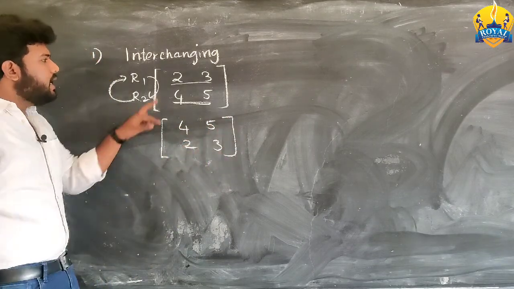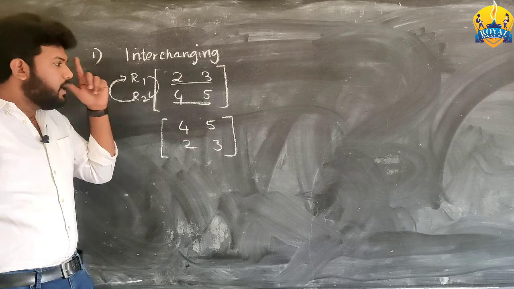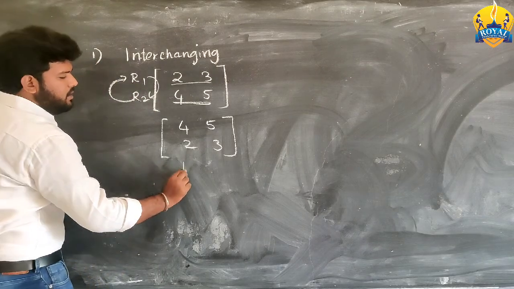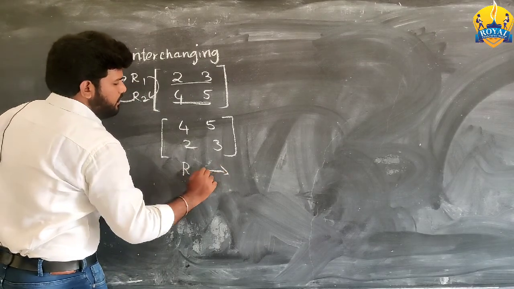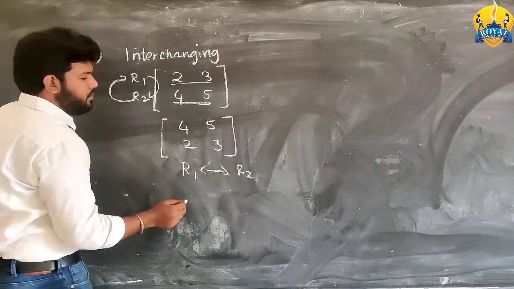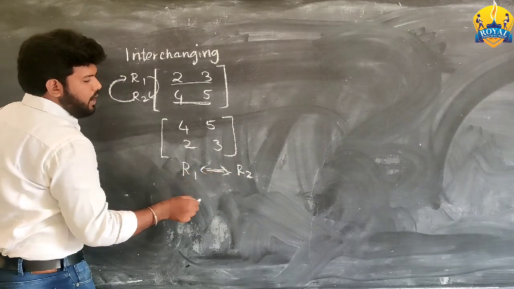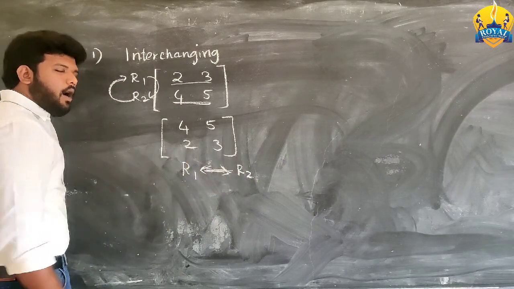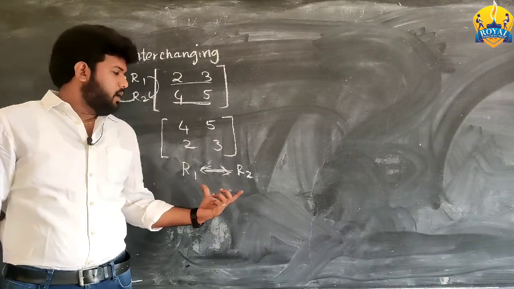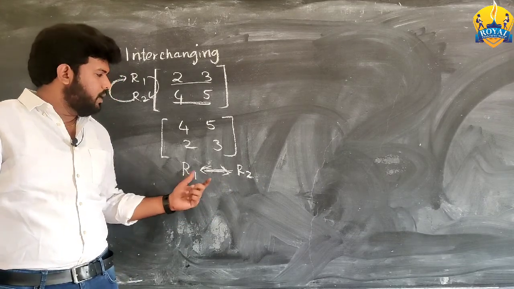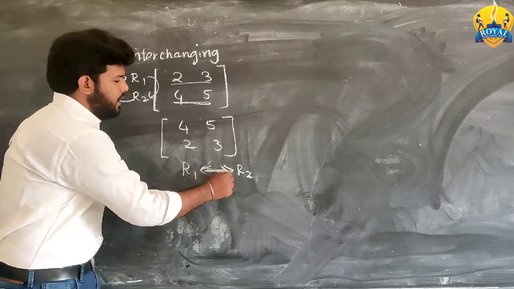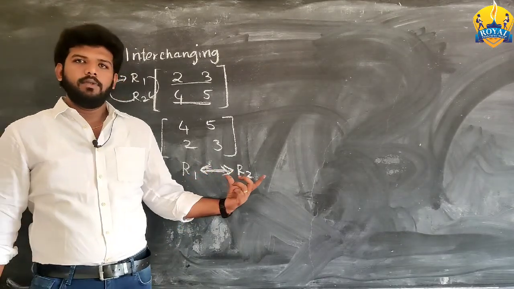I have just interchanged the rows. This is denoted as R1 double arrow R2. It means R1 moves as R2 and R2 moves as R1. This is the symbol used for interchange. So this is the first one.